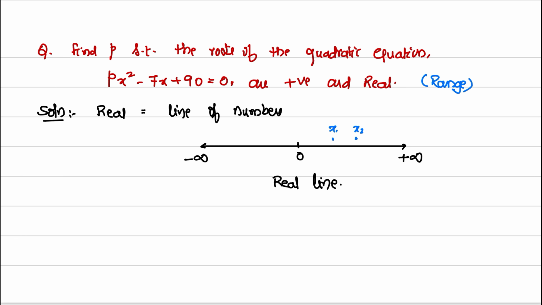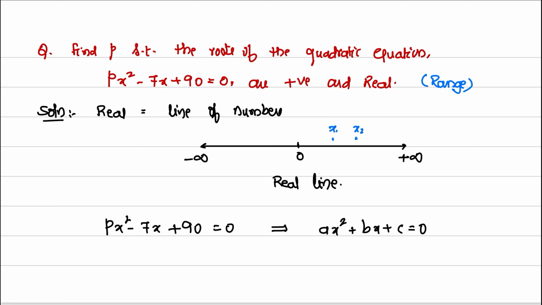Now, the given equation is px square minus 7x plus 90 is equal to 0. It is in the form ax square plus bx plus c is equal to 0.